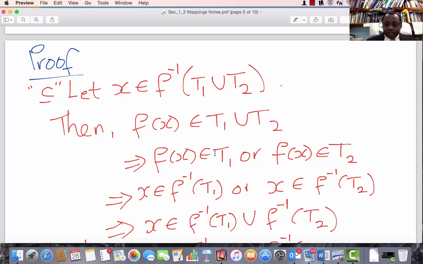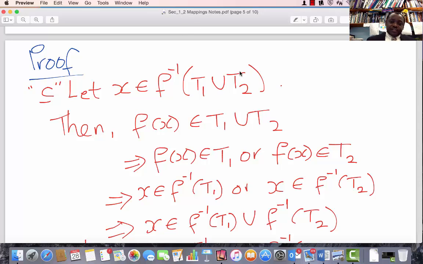Just move your f back to the right-hand side, if we could say it that way. Or x is an element of f inverse of T2. But if x is an element of this set, or x is an element of this set, then from section 1.1, x is an element of the union of both inverse images.